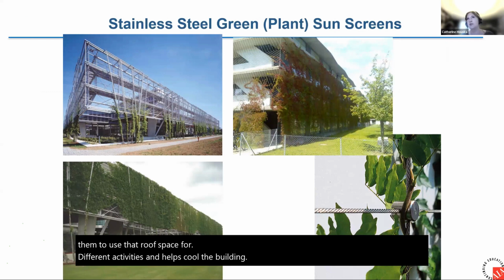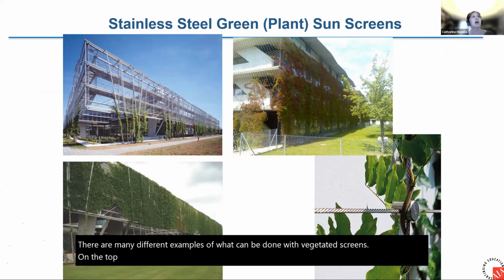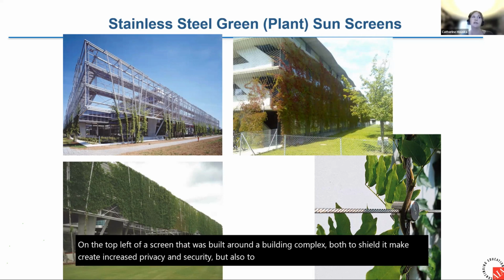There are many different examples of what can be done with vegetated screens. On the top left, a screen was built around a building complex, both to shield it, increase privacy and security, but also to help cool the buildings.